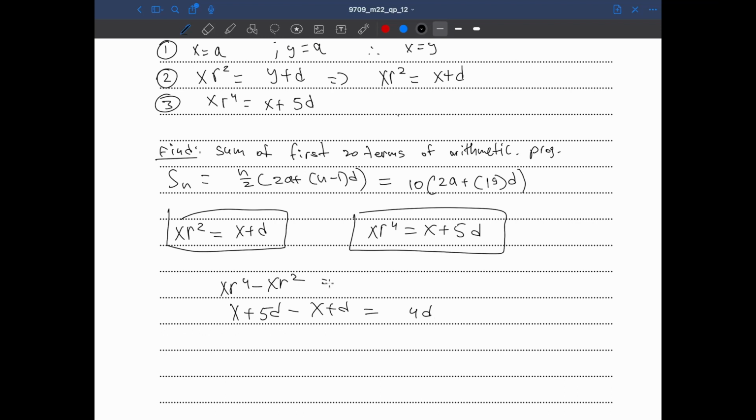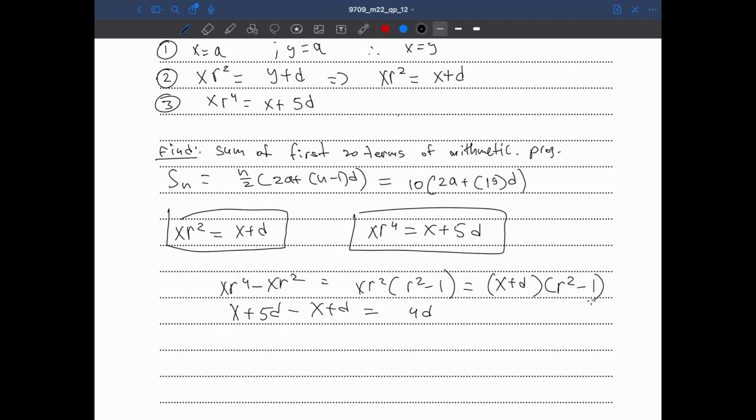and this will equal xr squared times r squared minus 1. So we found out that xr squared, r squared minus 1 equals 4d. Okay, but we have xr squared, and xr squared is x plus d. So this equals x plus d multiplied by r squared minus 1.